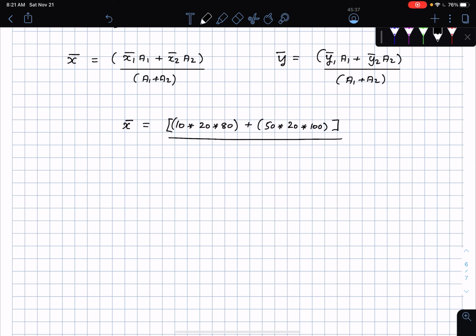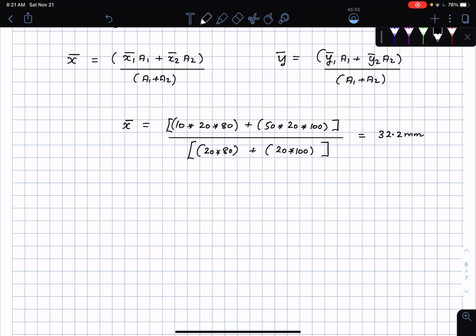All of this will be divided by the total area of the two pieces, which is 20 times 80 plus 20 times 100. Substitute and then solve, and you'll end up with 32.2 millimeters.